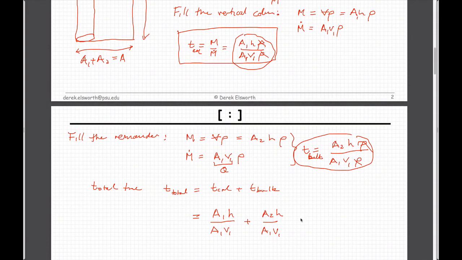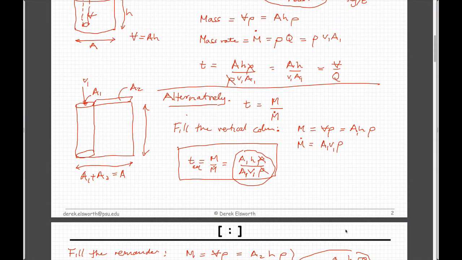And we have the same numerator in each case. And so in other words, we have A1 V1, you're probably ahead of me in this, A1 plus A2 times H. And this should be, hopefully, the same as this.